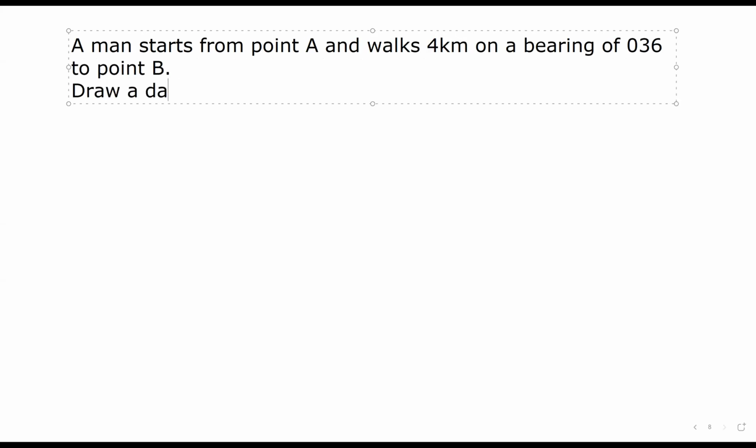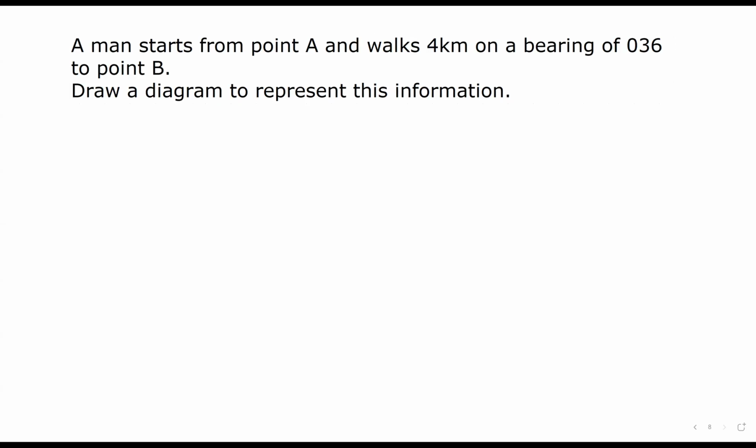Draw a diagram to represent this information. All right, so let's go. The man starts from point A and walks 4 km on a bearing of 36 degrees to point B. Draw a diagram to represent this information.